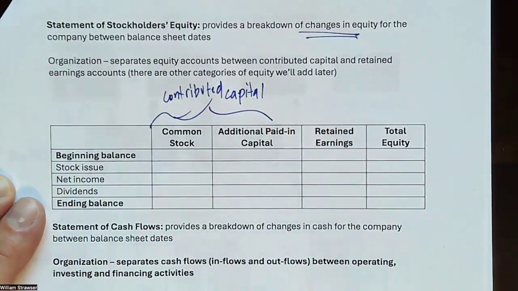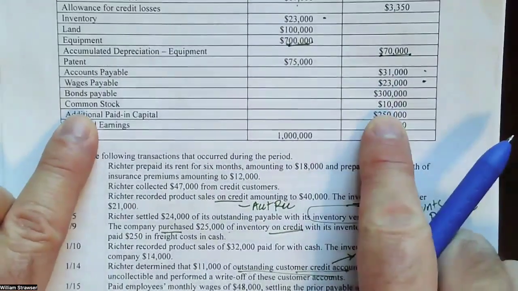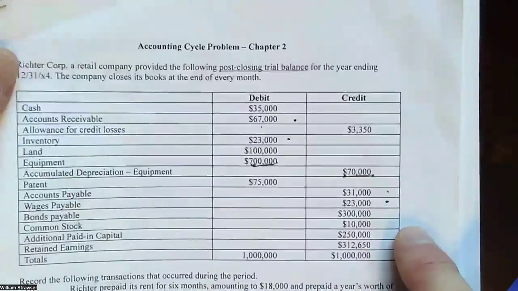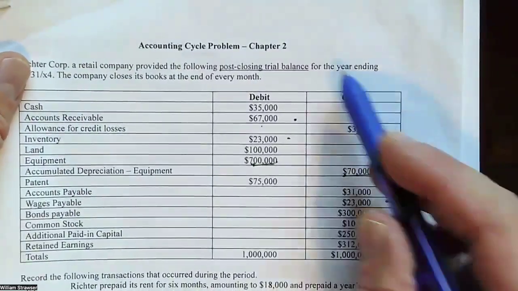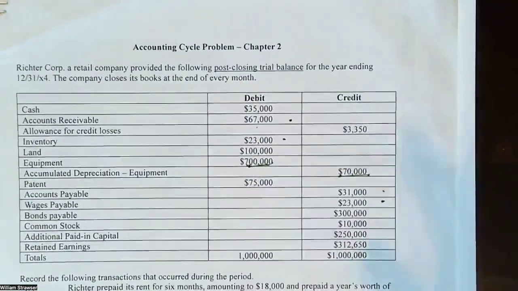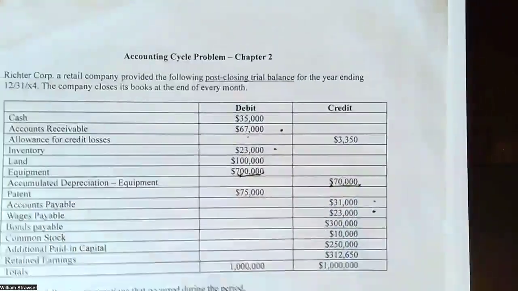Where did we start? Well, looking at this, our common stock was 10,000. Our additional paid in capital was 250. And this is the post-closing balance from the prior year, 12/31. So this is our starting point, 10,250.